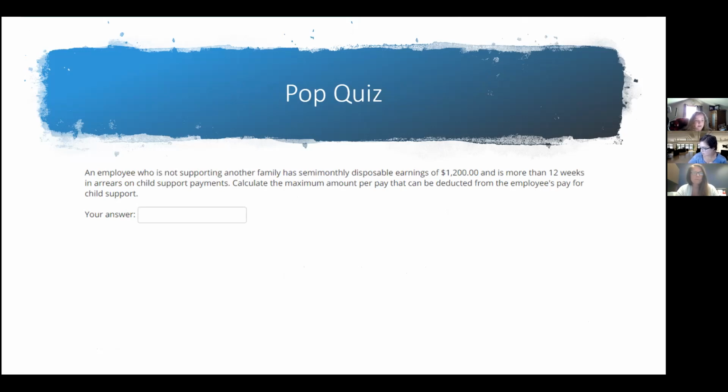Calculate the maximum amount per pay that can be deducted from the employee's pay for child support. Again, not supporting another family, disposable income is $1,200. So you're going to have to figure out what percentage per federal law you are allowed to withhold. And then do math.